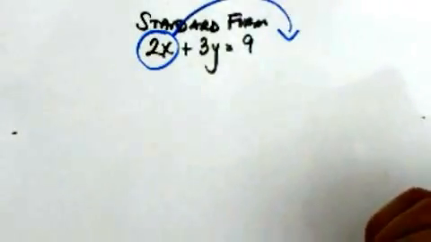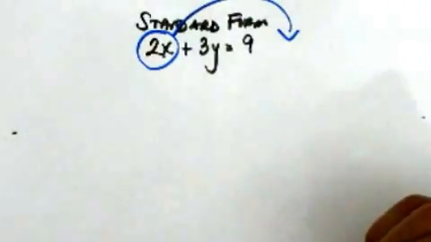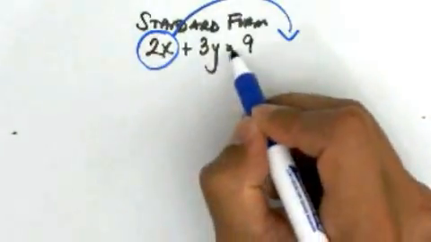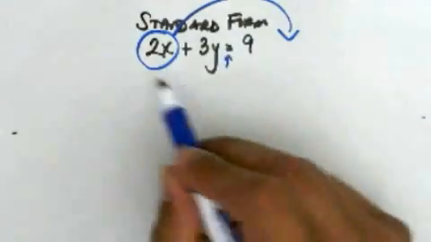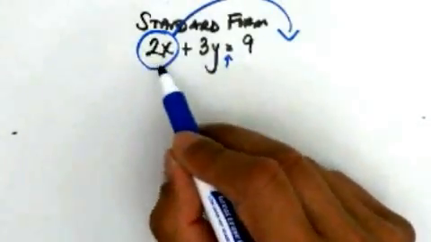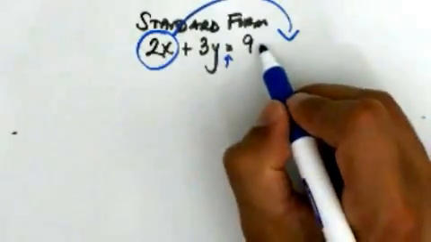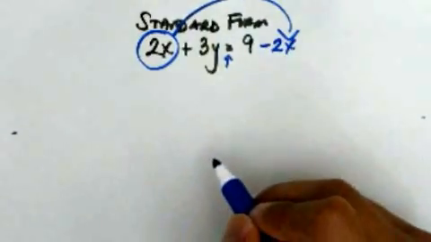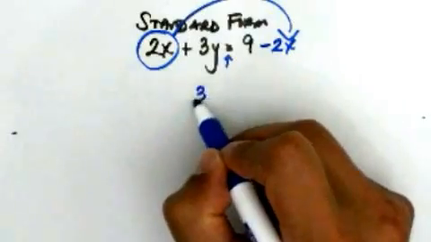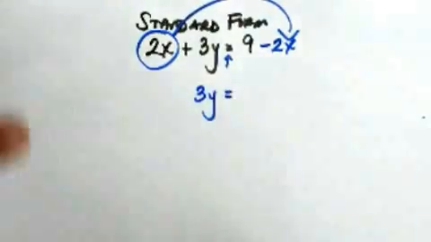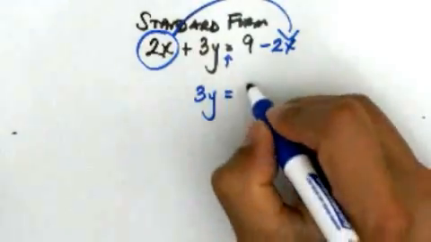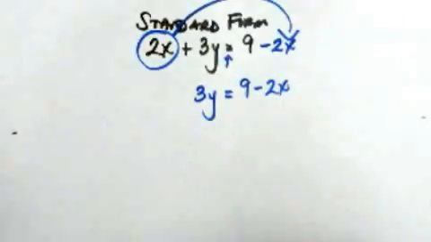Now I'm doing shortcuts here just because I want to work smarter, not harder. Now, anytime you jump the equal sign, it becomes the opposite sign. So the 2x is positive, so it's going to become a negative 2x. Okay, so you're left with 3y equals 9 minus 2x.